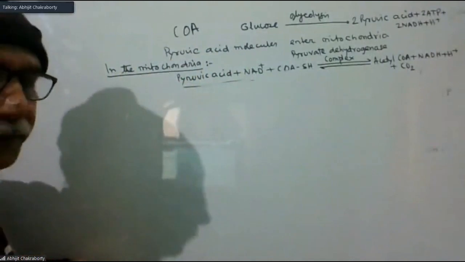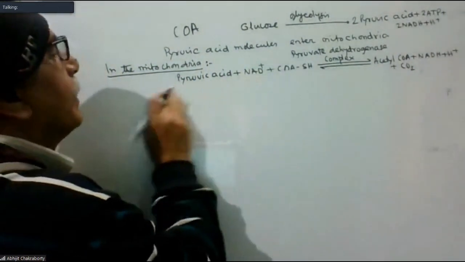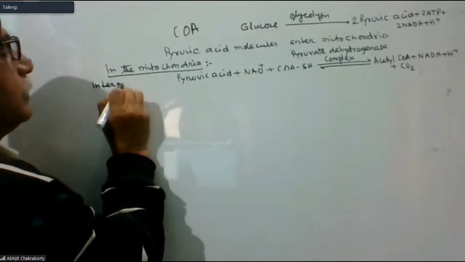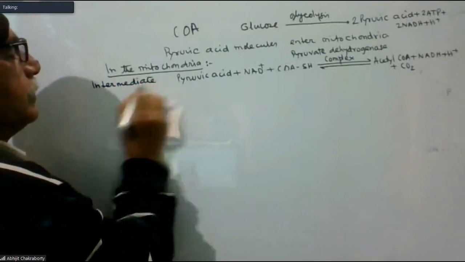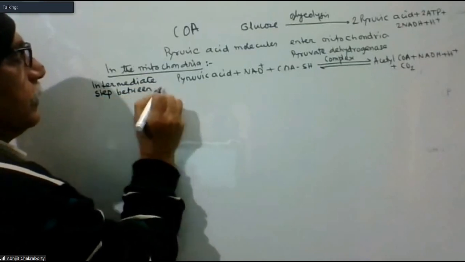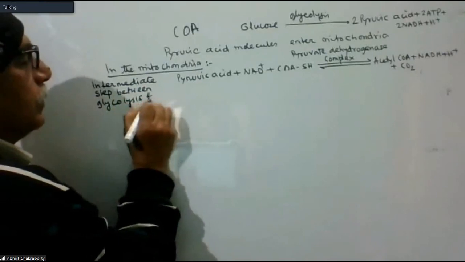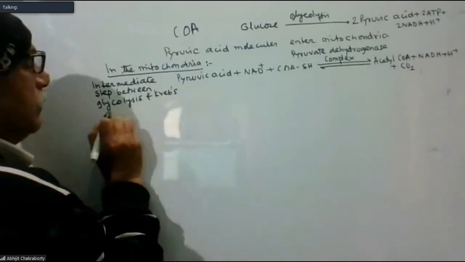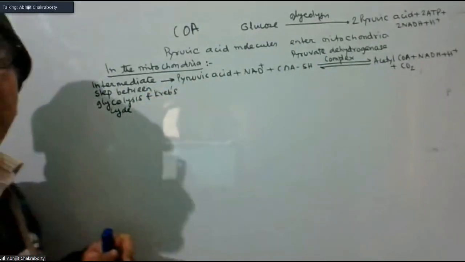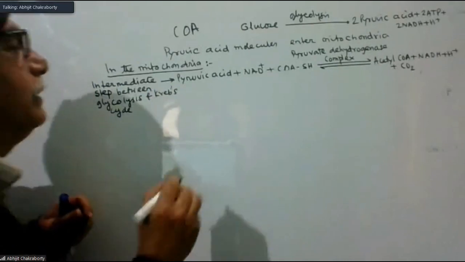After that, acetyl coenzyme A, this is the intermediate step between glycolysis and Krebs cycle. After that, what happens next?